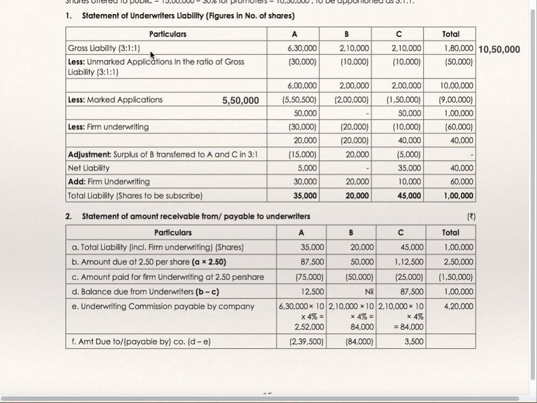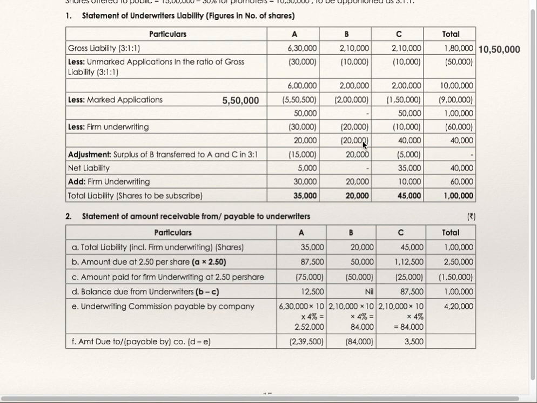Gross liability 3 is to 1 is to 1. 1 lakh 80,000 is a printing mistake, make it 10 lakh 50,000. 10 lakh 50,000 is to be distributed in the ratio 3 is to 1 is to 1. So gross liability is 6 lakhs 30,000, 2 lakh 10,000, 2 lakh 10,000. Deduct marked applications, unmarked applications and firm underwriting. Again a printing mistake here, it is 5 lakhs 50,000.